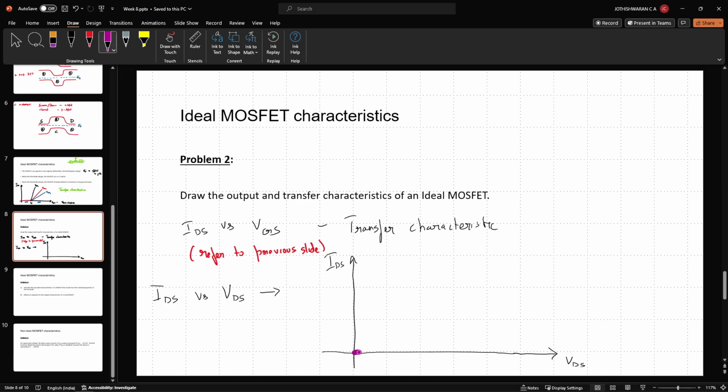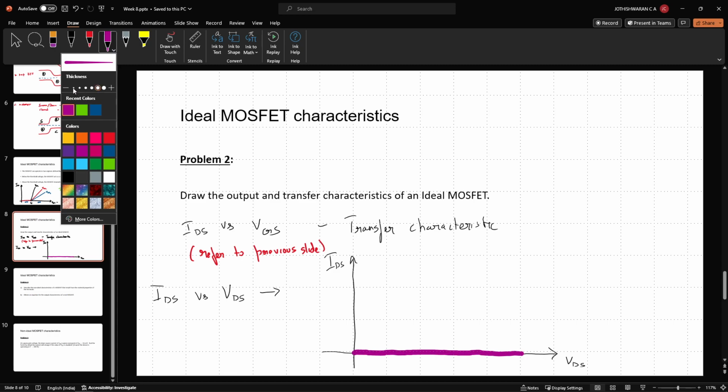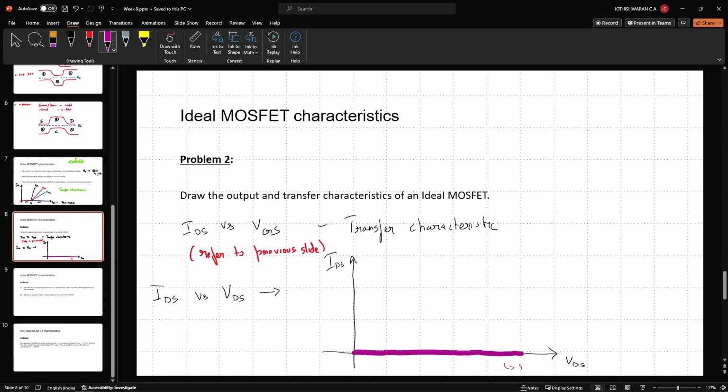So this thick line that I'm drawing over here, let me now make this as thin as I can, corresponds to below threshold, or subthreshold. So this is the below threshold region.